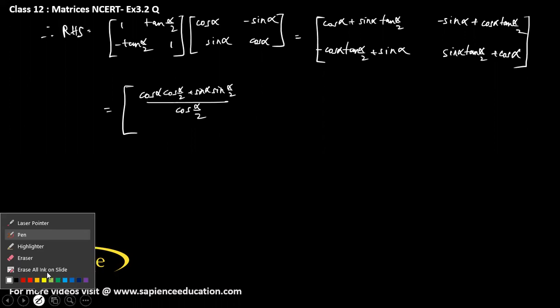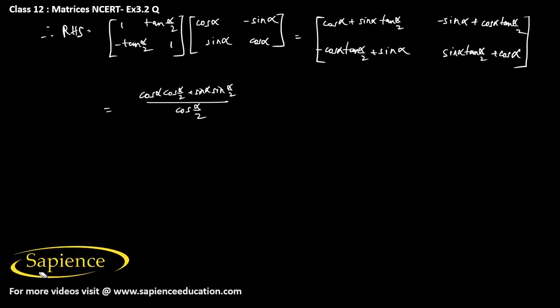In the next one also we can take the LCM. This will be cos alpha into sin alpha by 2 minus sin alpha into cos alpha by 2, divided by cos alpha by 2.